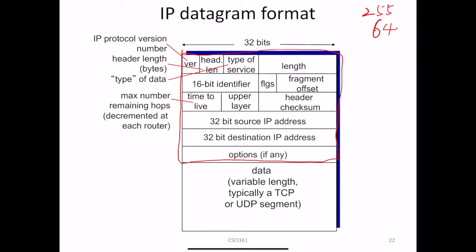And the toward is a destination of this datagram. Each time it arrives at a router, the time to live is decremented by 1. And there are two consequences for this datagram.